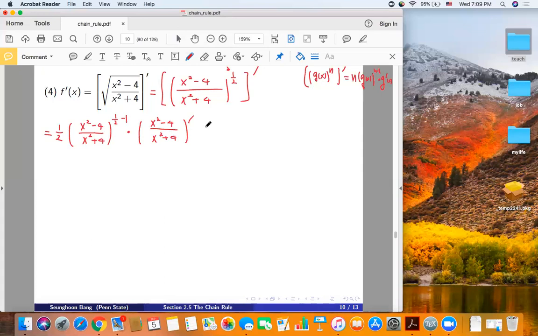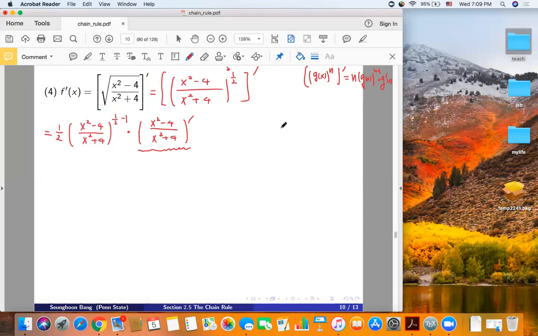So how can you find this one? You have to use the quotient rule. Do you know the quotient rule? Do you remember the derivative rule? No? Okay.